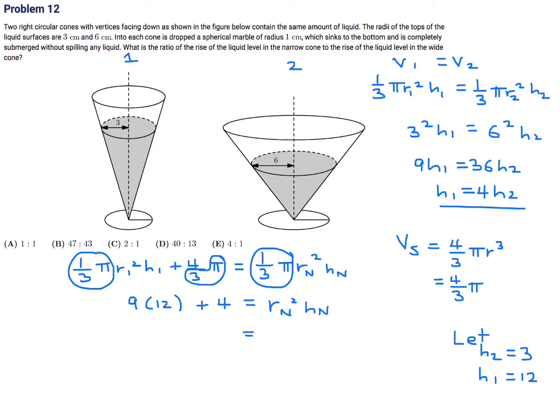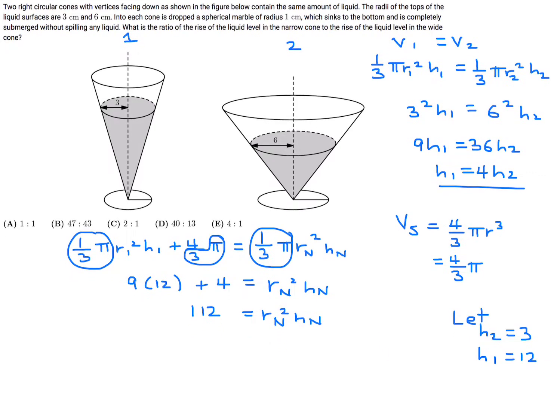And this looks like 9 times 12 is 108, 108 plus 4 is 112. So there we go. And you do pretty much the exact same thing for this scenario. So now you'd be taking that and you'd be adding the sphere, that pebble.